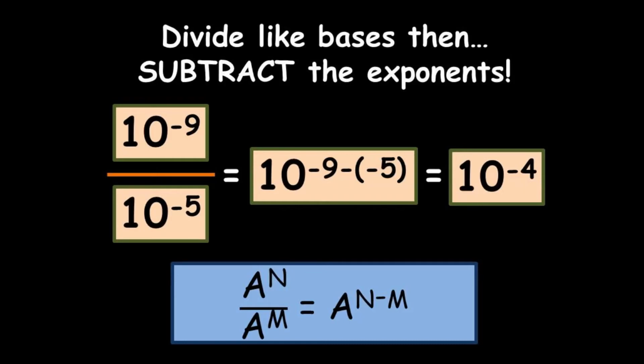So it would be 4.5, second, EE, 8, and then just hit divided by. You don't have to use parentheses. And then you'd say 2.8, second, EE, negative 6.